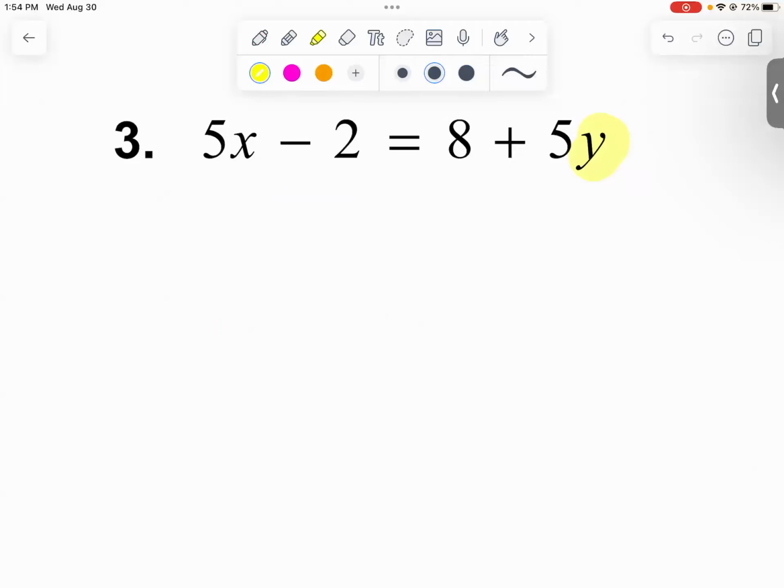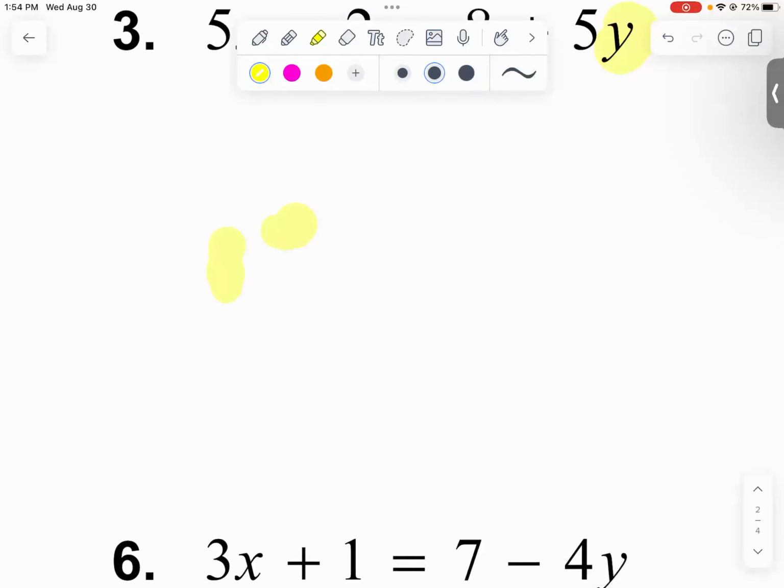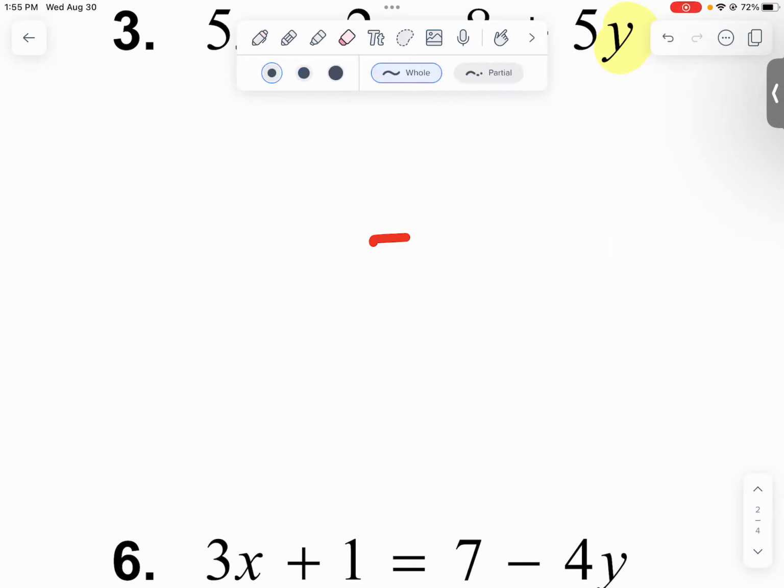Okay, let's just pretend we only had one thing over here. Okay, if we had the equation 15 equals 8 plus 5y, we know that we would need to subtract 8 before we could divide by the 5 because it is the furthest away from y.